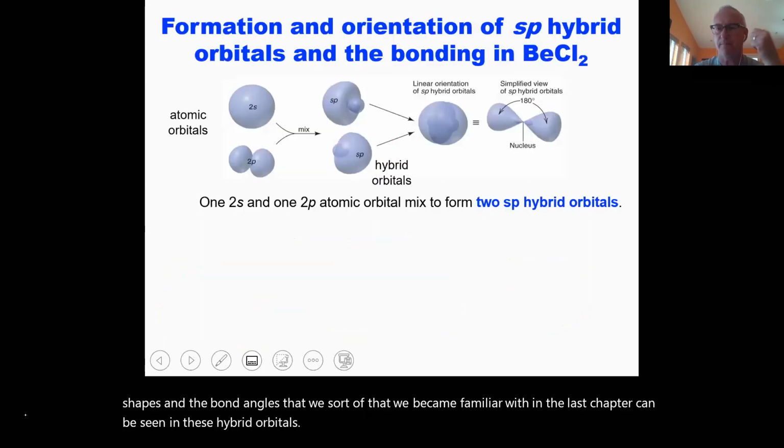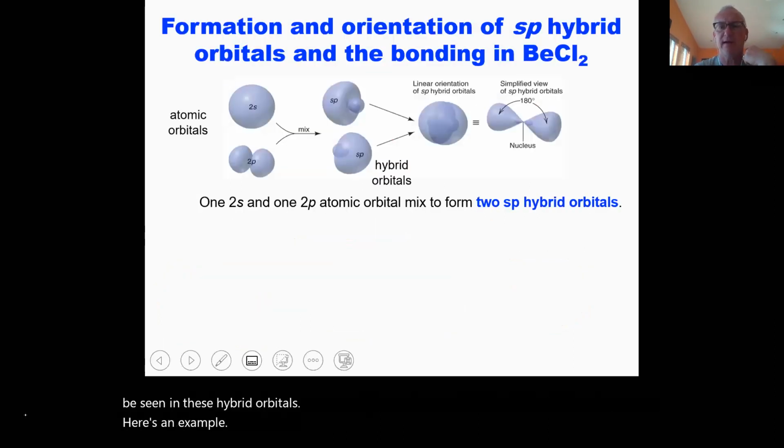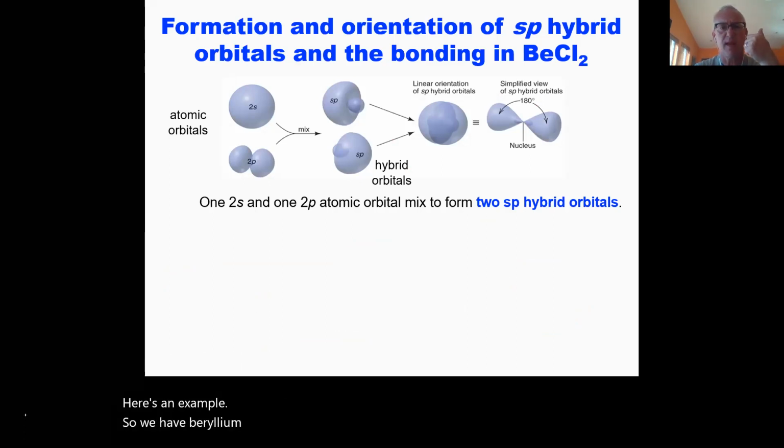So here's an example. We have beryllium chloride. Beryllium has only 4 electrons. It has 2s, and there are s and p orbitals available to it.